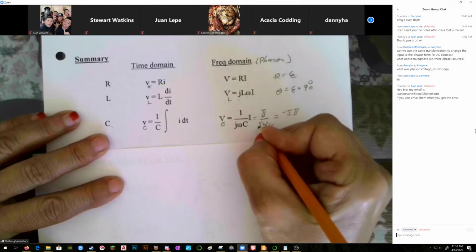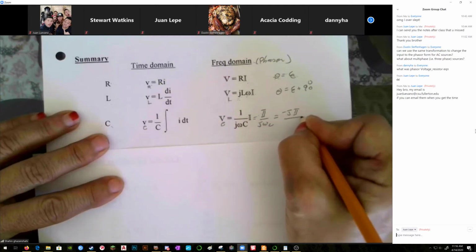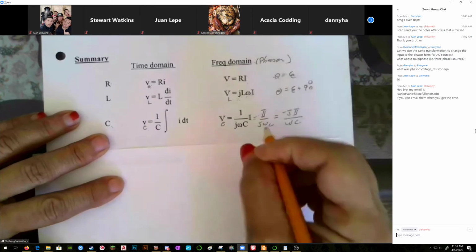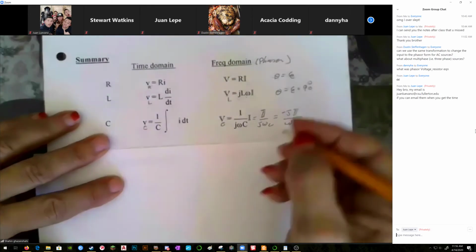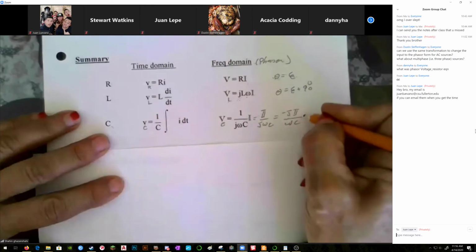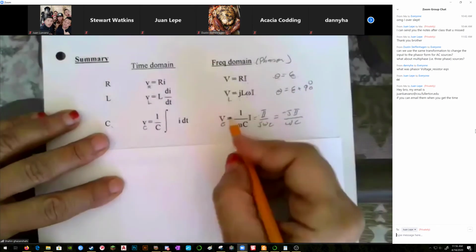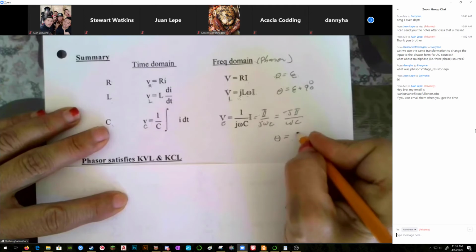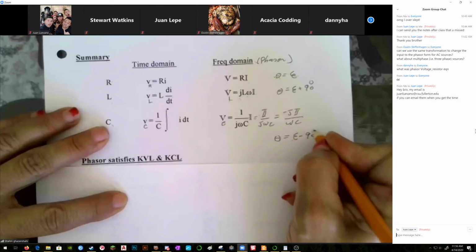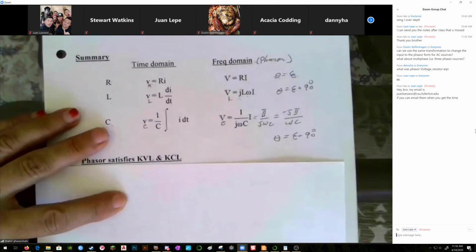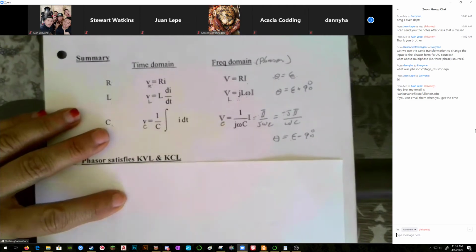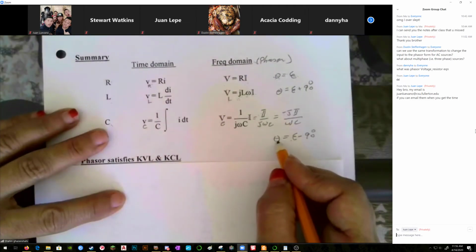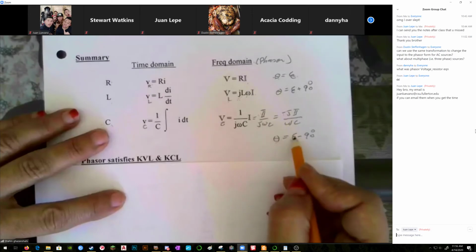You can bring j to the numerator if you want. Multiply numerator and denominator by j, so you get a negative sign because j squared is negative, correct? So what is the phase angle difference between them? Theta is the angle of the current minus 90 because you have negative j. So it's still a 90 degree phase difference between voltage and current.